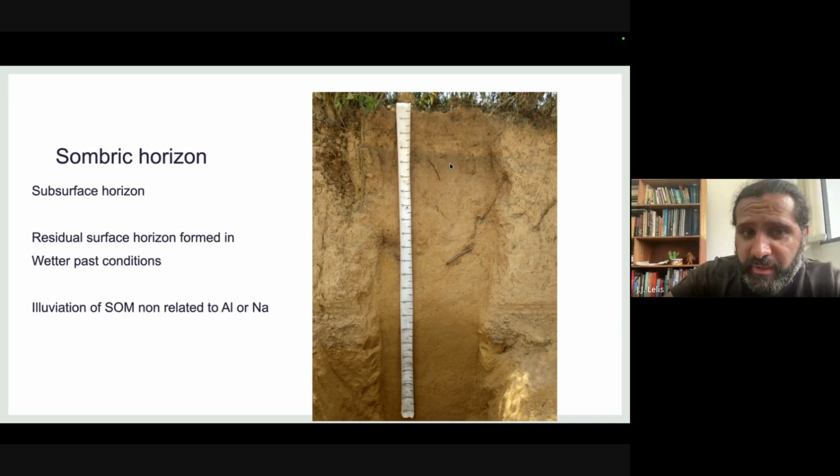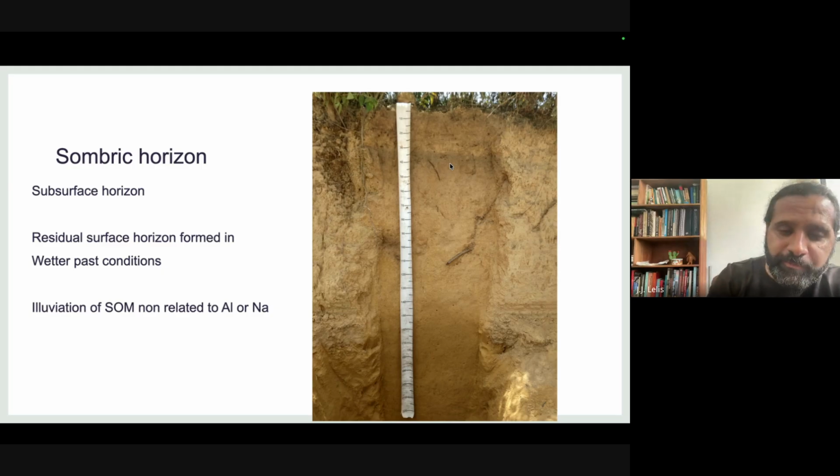Another theory says that the sunbreak horizons express clay migration, organic clay migration, especially without the presence of features that express this clay migration and without the high aluminum or sodium content connectors.